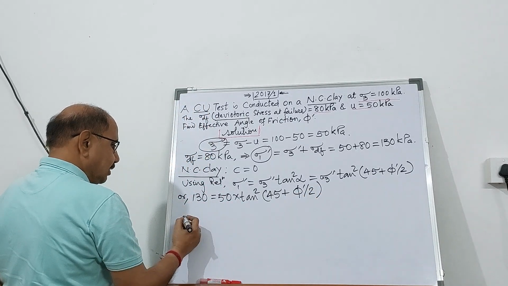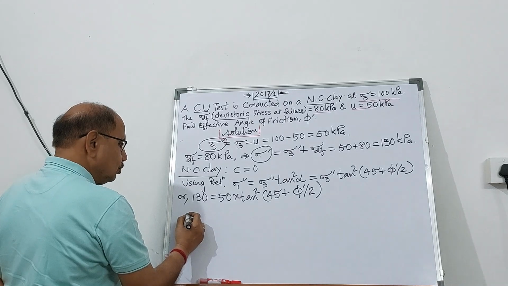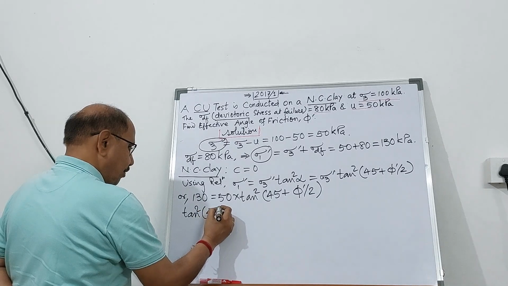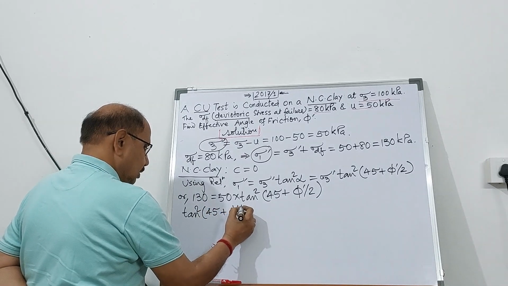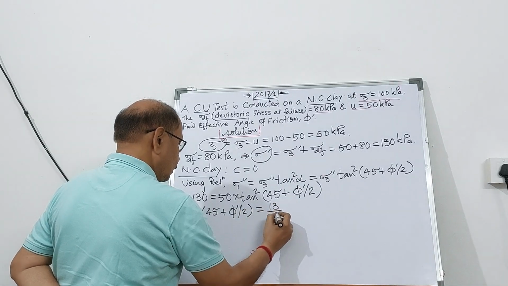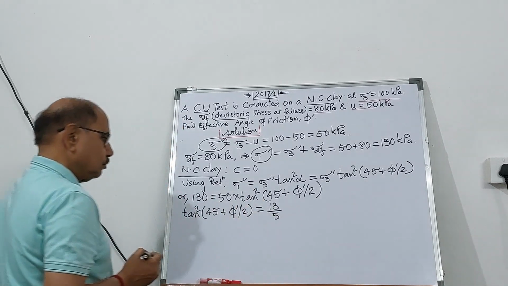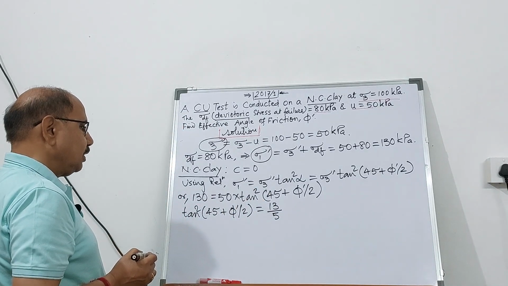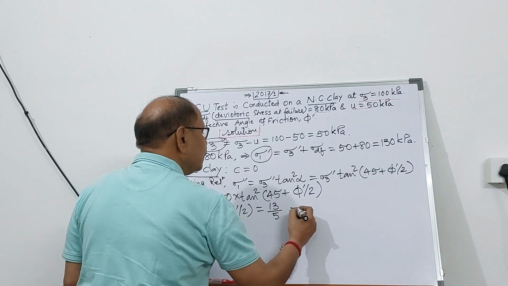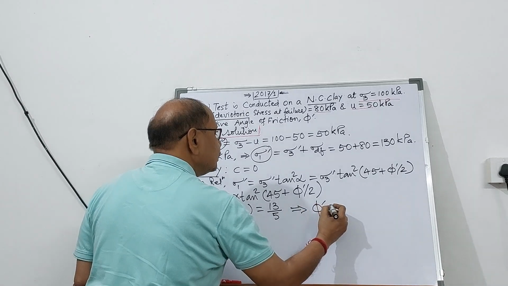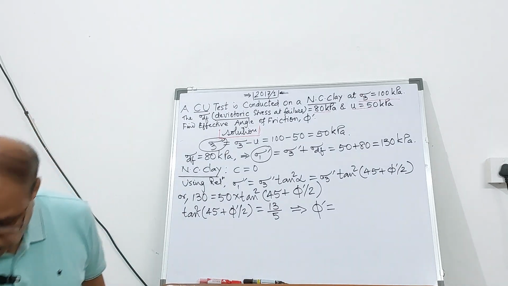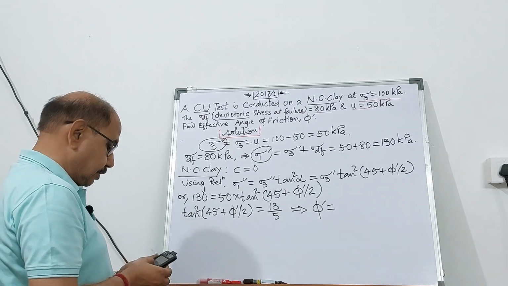So simplifying, we get the value of tan square 45 plus phi prime by 2 will be 13 by 5. Therefore, the value of phi prime can be computed. So you can take your calculator and calculate it.